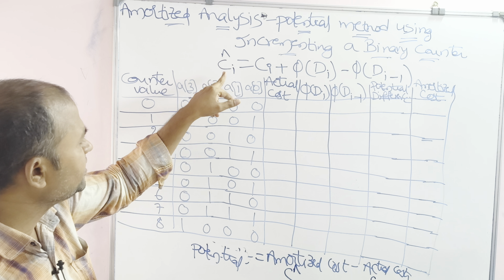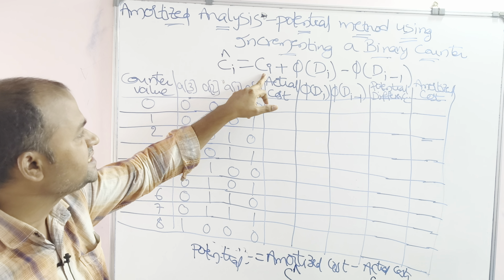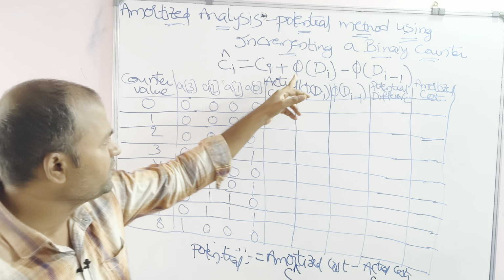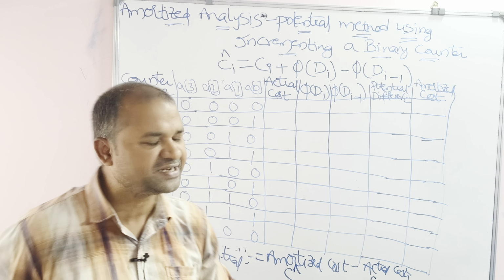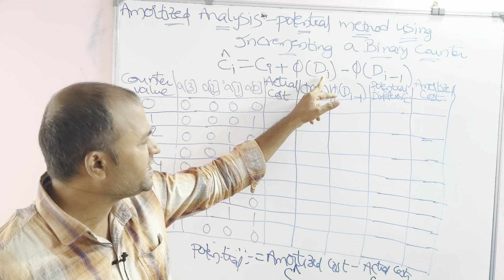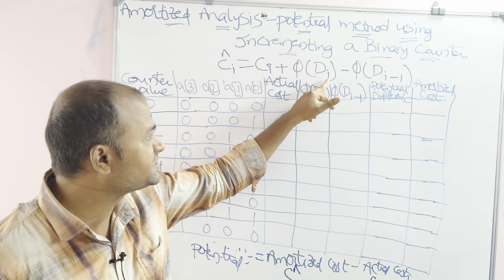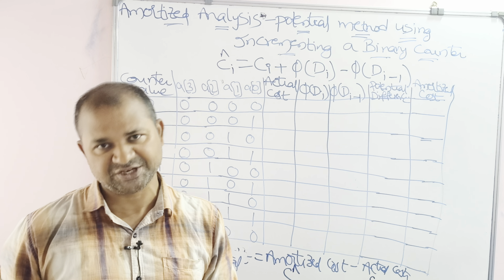So let us see the formula here. Ci bar, the amortized cost, equals Ci, the actual cost, plus potential. Here we are calculating the potential difference. For the potential difference, the formula is Φ(Di) minus Φ(Di-1). Here Di means the data structure after applying the ith operation.